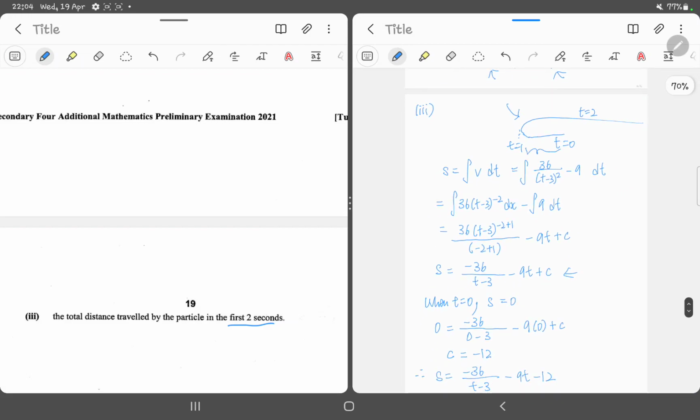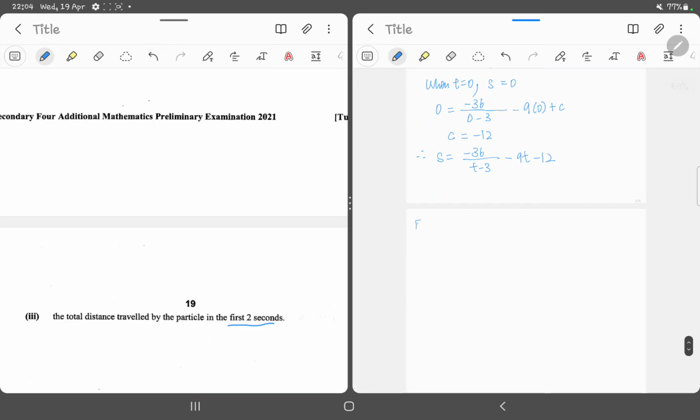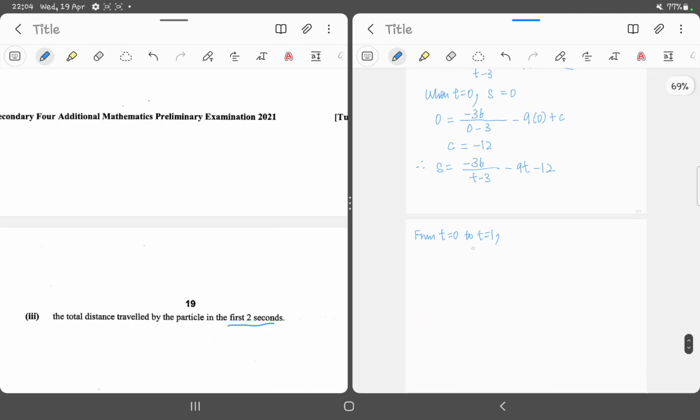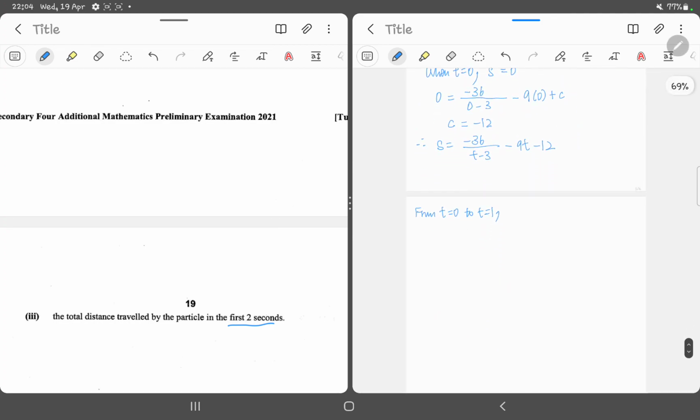So from t equals 0 to t equals 1, it is essential for you to sketch this diagram out, because it's very important for you to know where the turning point is, so that you can break down the values of t, substitute the values of t into s, and then combine the total distance that is traveled and add them up to get the answer.